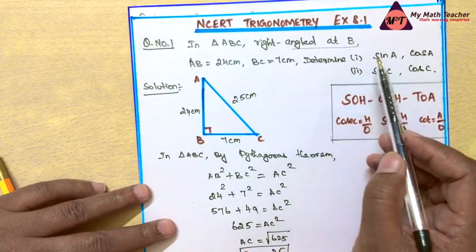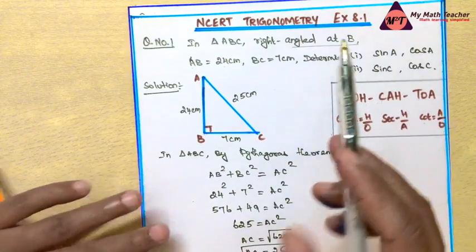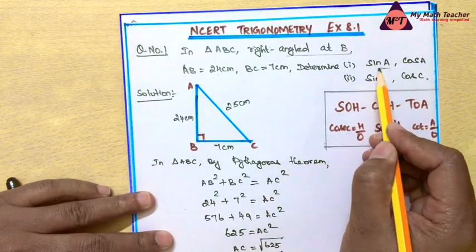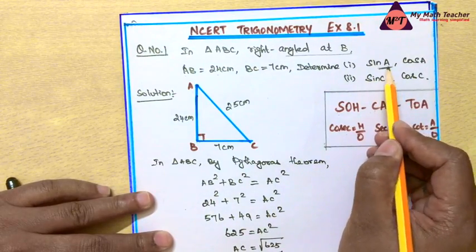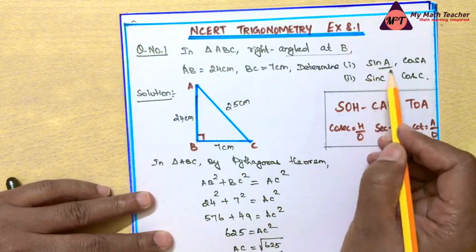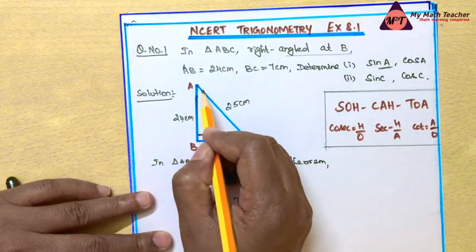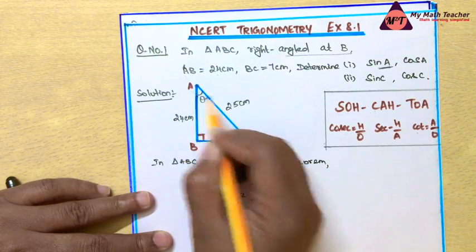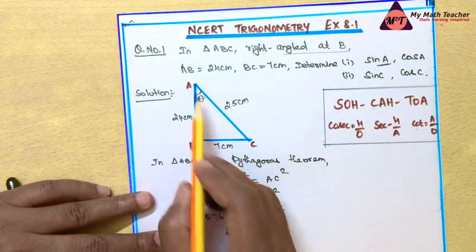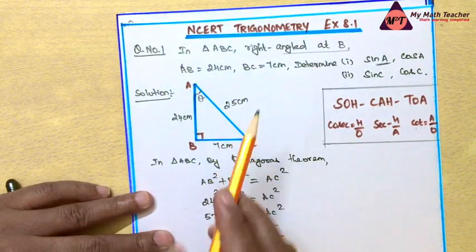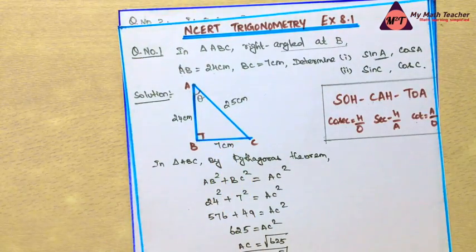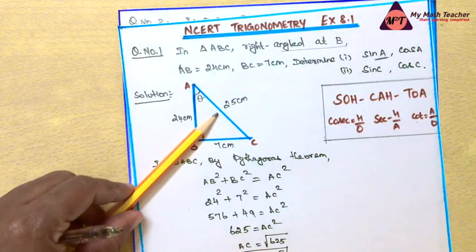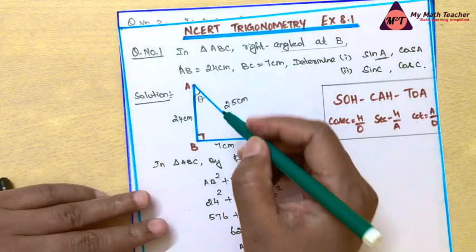The first subdivision is we have to find sine A, which means the angle theta is at point A. Now the angle will be here at point A, this will be angle theta. Now with respect to theta, we have to find the sides. As we know, always the side opposite the 90 degrees is the hypotenuse.